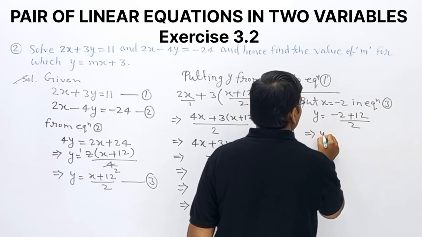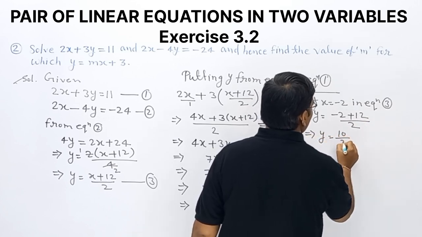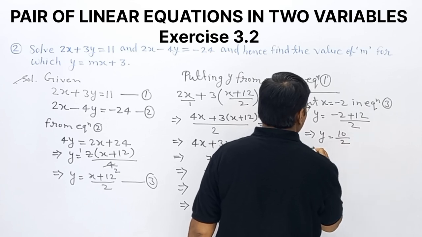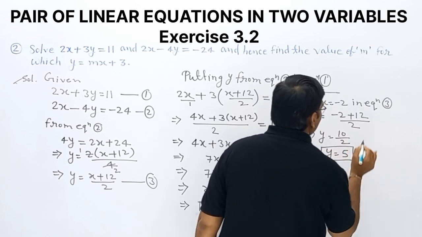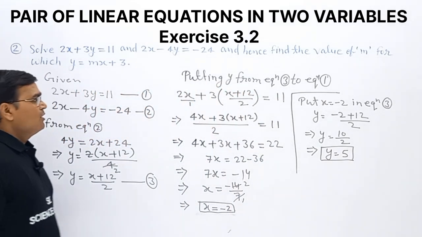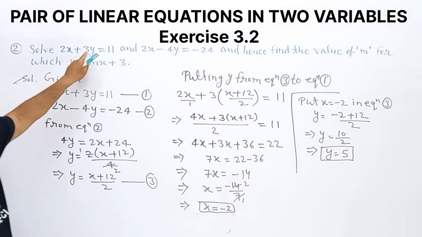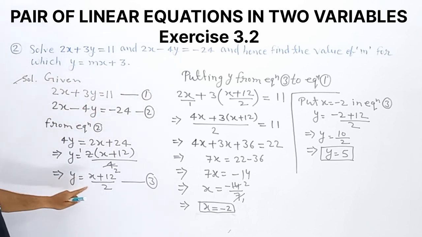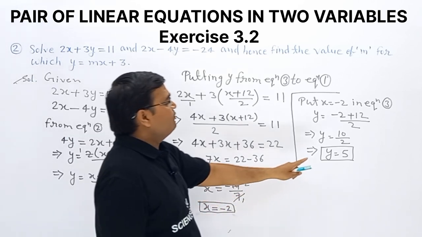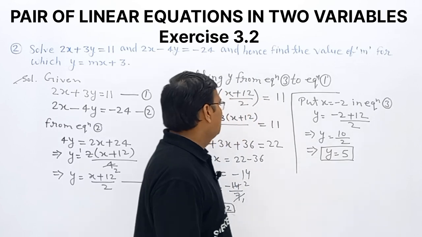What we are getting? y equal to 10 divided by 2. Finally we are getting y equal to 5. Value of y will be 5. So the solution of these two linear equations in two variables will be x equal to minus 2 and y equal to 5.